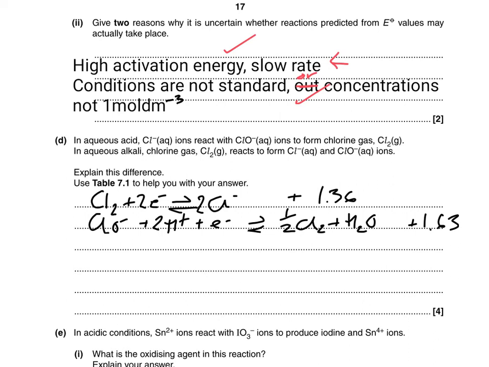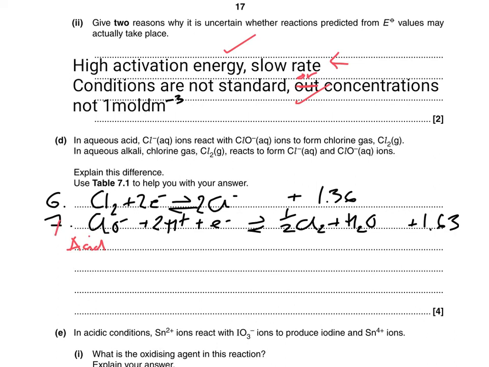Okay, so to help me out on this, I've copied over the equations from table 7.1. This is 6 and this one is 7. Okay, so this is a tricky one. You're going to have to spend your time thinking it through. We're going to start with the acid.